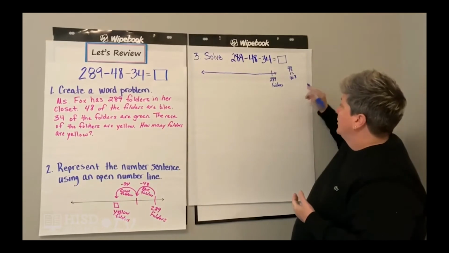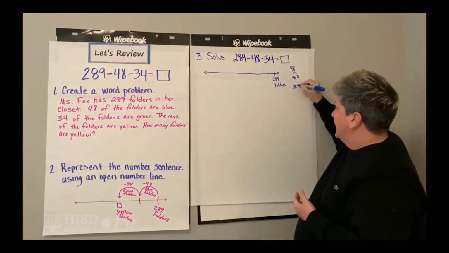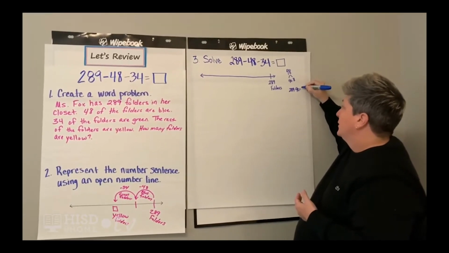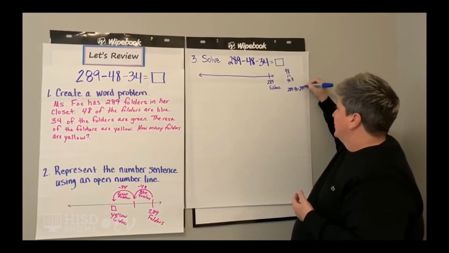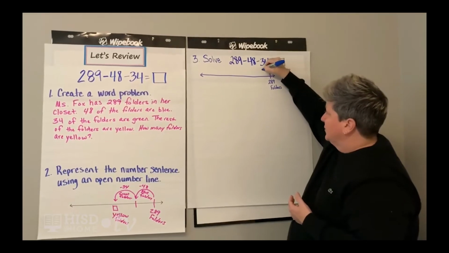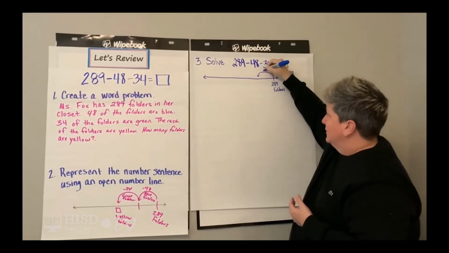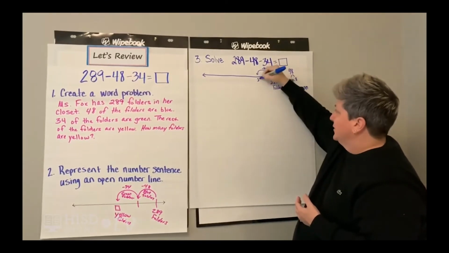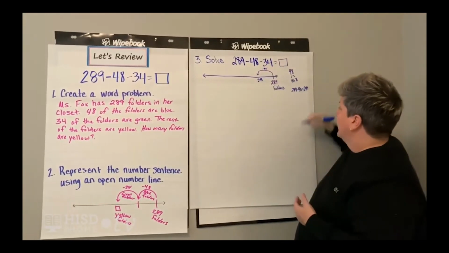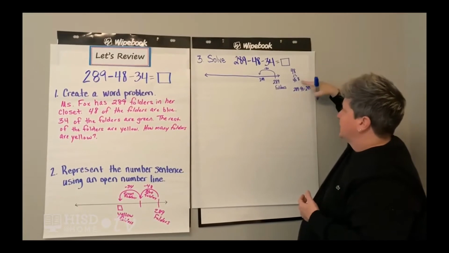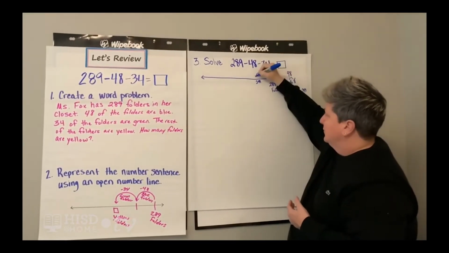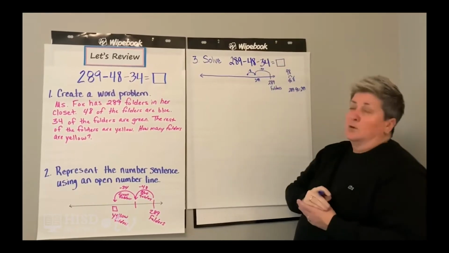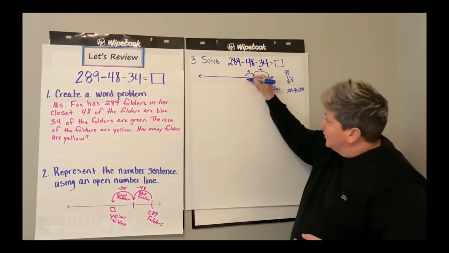So now I know that 289 minus 40 is equal to 249. So I'm going to take a jump back of 40, which gets me to 249. And then I can take a jump back of 8, which gets me to a difference of 241.